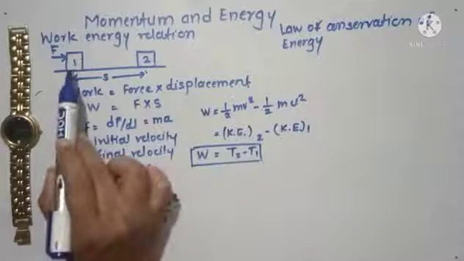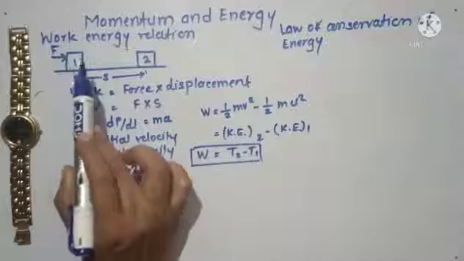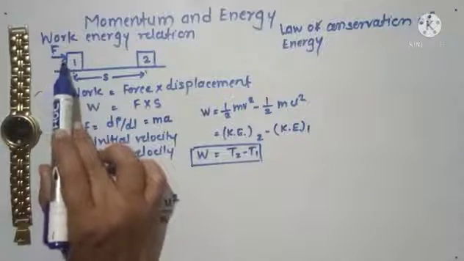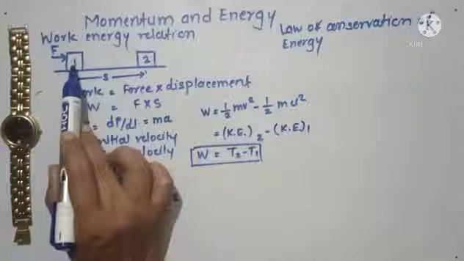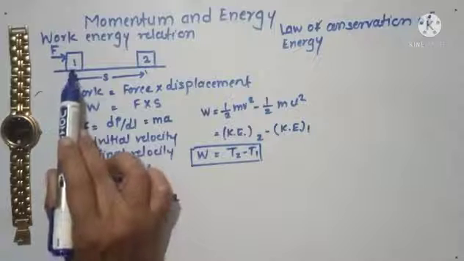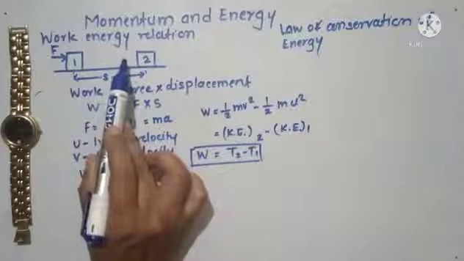Suppose for the same block, when this block is at rest, it has only potential energy, and when we apply some amount of force on it, it will start moving from position 1 to position 2. So all of its potential energy will be converted into kinetic energy.